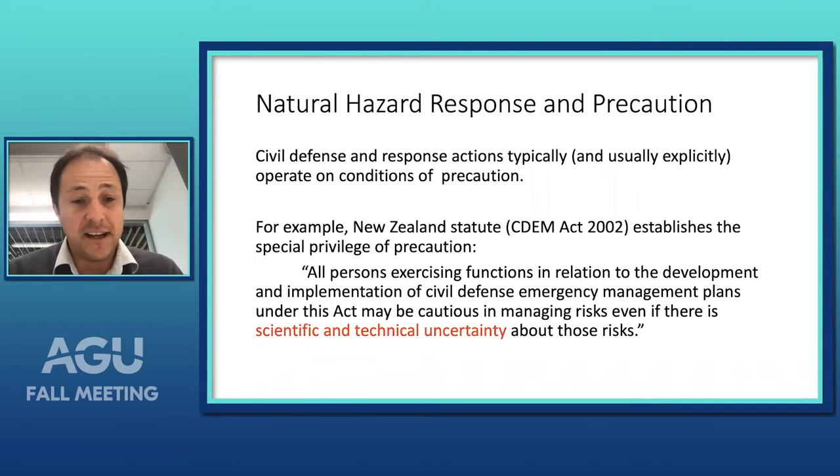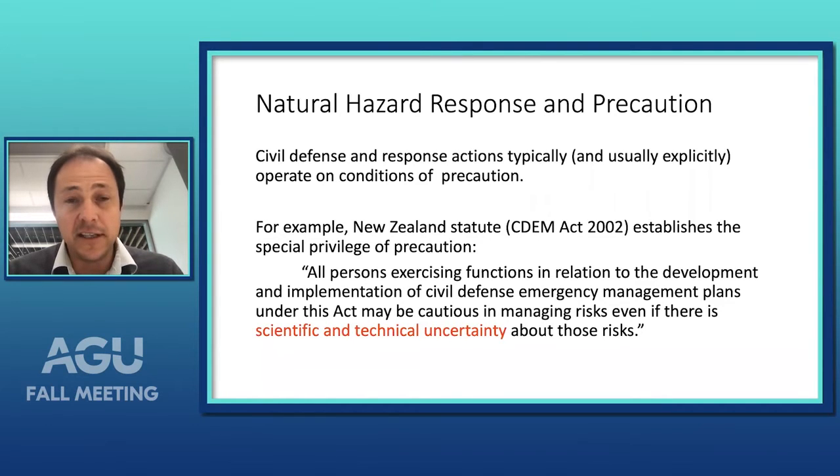I've highlighted in red scientific and technical uncertainty because that's the situation in which we are inevitably finding ourselves in when there's a big earthquake and subsequent tsunami. So in this situation, we have some sort of statistical models or purely deterministic models that we understand there are a range of uncertainties, aleatory uncertainty or aleatory variability and epistemic uncertainty, which affects our forecast.